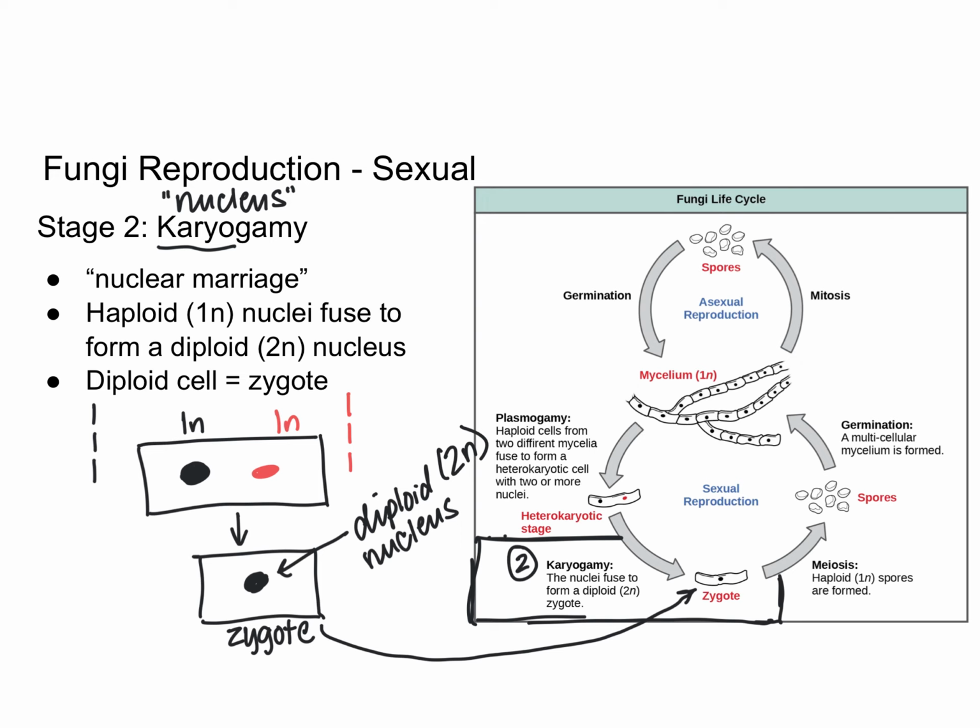So then in this zygote, in this one nucleus here, we're going to end up with 2 sets of chromosomes that are now paired up. And 3 of these chromosomes came from the original black nucleus. And the other 3 came from the original red nucleus, and they are all found inside this diploid nucleus now.